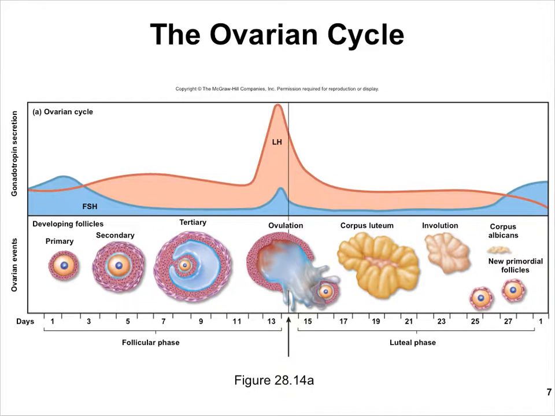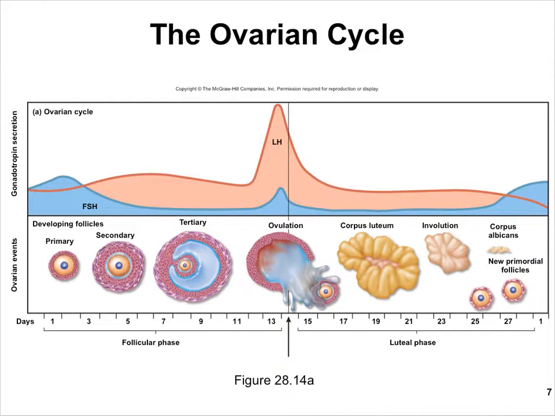This means that the anterior pituitary secretes less and less FSH as you continue through this follicular phase, but it secretes increasing amounts of LH. This process of FSH dying off seems to be important in selecting which follicle will become mature, right?